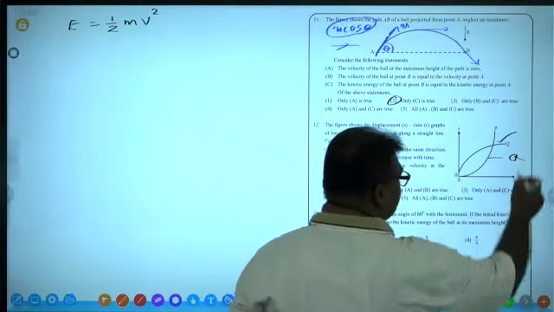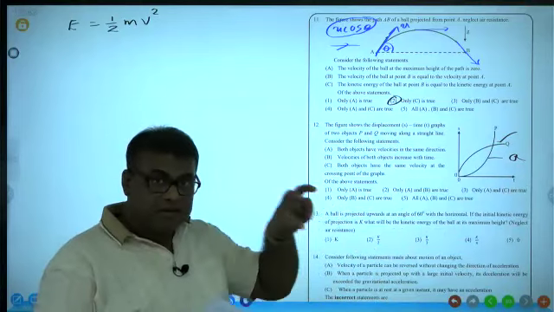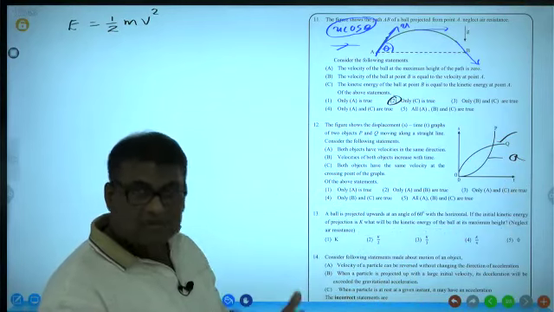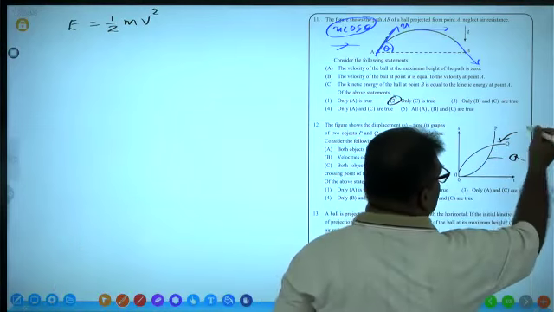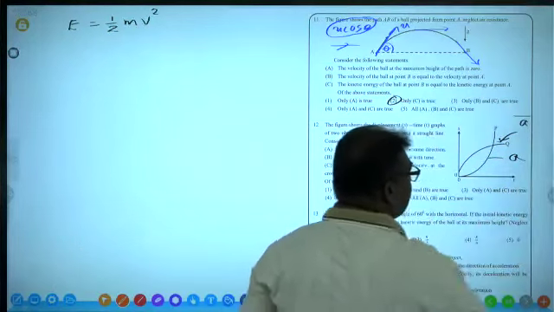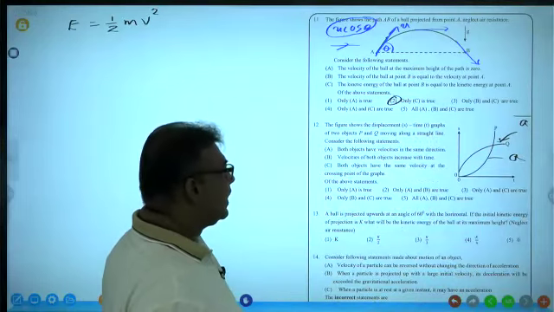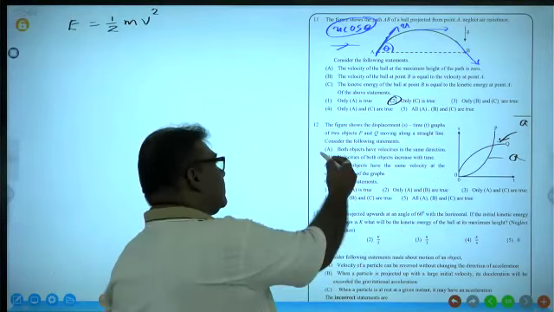And Q shows a decreasing gradient. A decreasing gradient means decreasing velocity, which is deceleration. So Q is having deceleration, P is having acceleration. Okay, the first statement is correct.